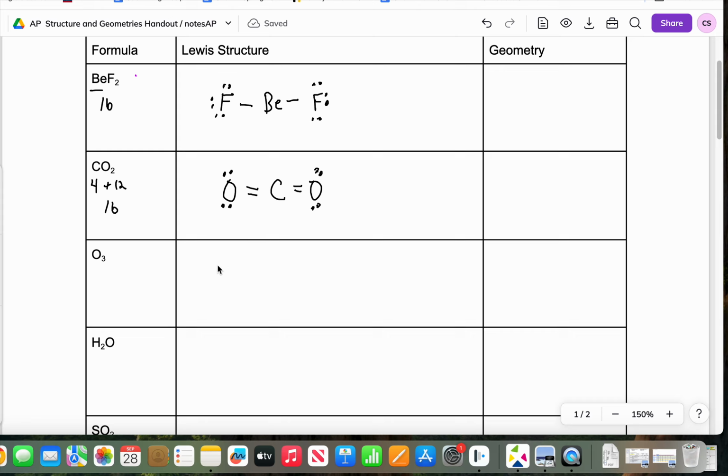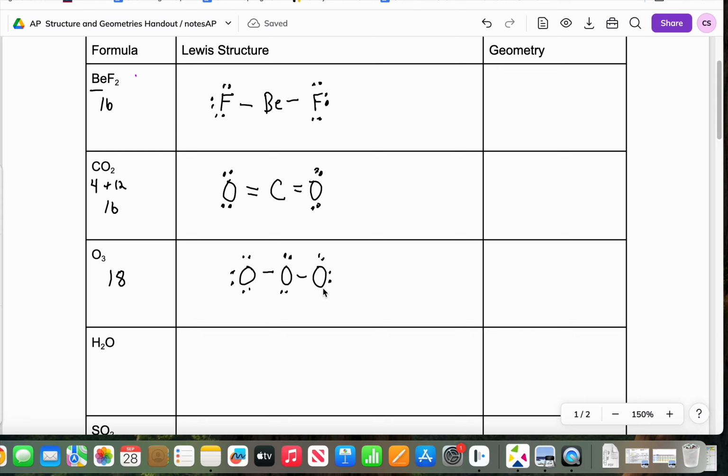All right. Okay, O3, that has 18 valence electrons. Oh, I guess I should count 2, 4, 6, 8, 10, 12, 14, 16. Okay, O3. So you connect oxygen with a single bond. This is how I do one. I guess if you watch my other videos, you would know. I usually put 8 around everything to start with, unless I know it violates the octet rule, which this one doesn't.